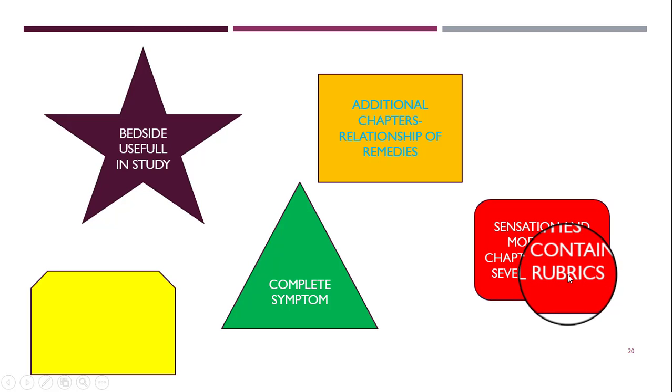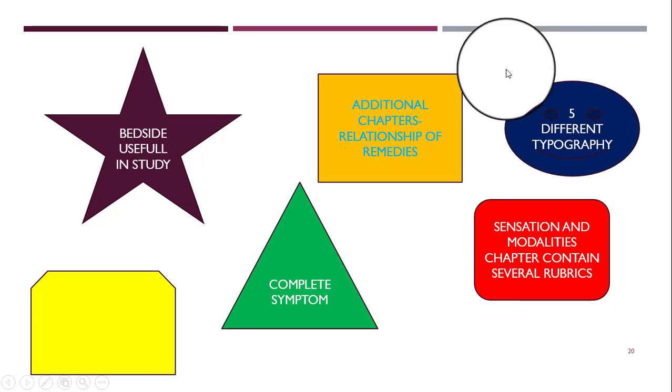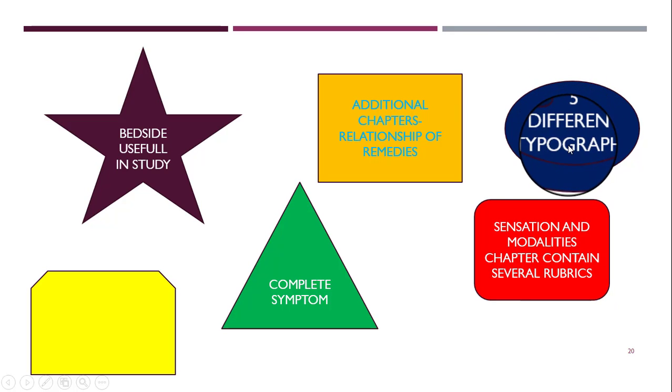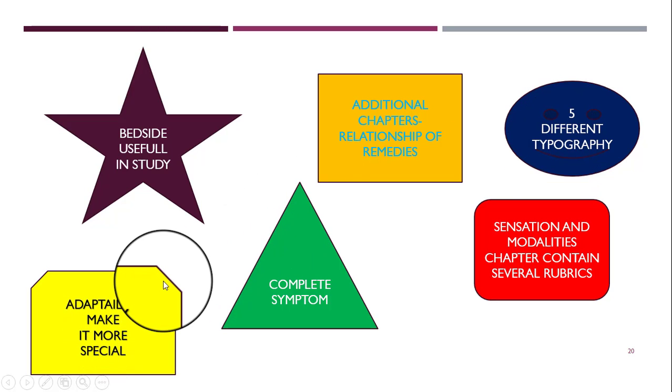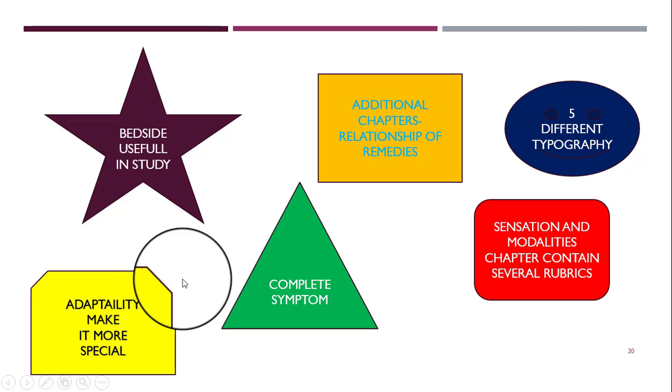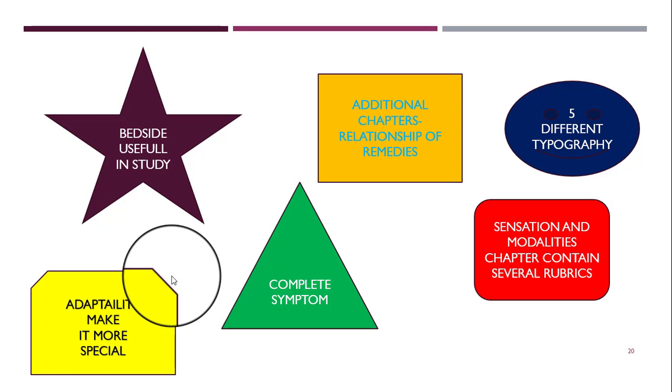The next special feature is the repertory has 5 different types of typography to denote the various grades of the remedies, corresponding to the wide range of intensity of the symptoms. And this repertory contains mental rubrics at 2 places, that is mind and modalities. So both chapters can be referred to for searching different mental symptoms.